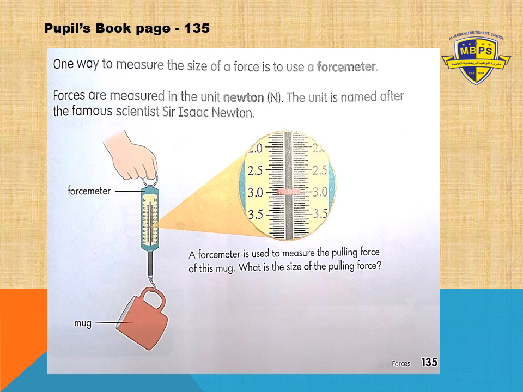As you can see in the picture, the force meter is there and they are pulling this mug. So a force meter is used to measure the pulling force of this mug. And what is the size of the pulling force? It's 3.0. It's 3 Newton. I hope you understood.